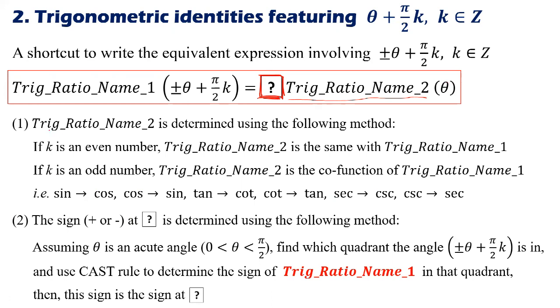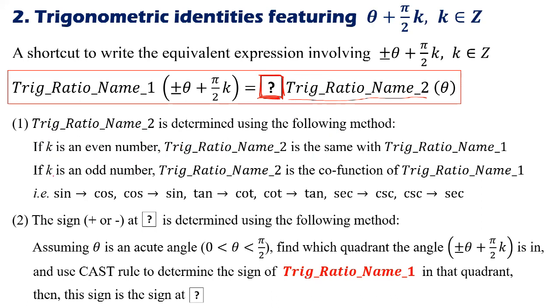So there are two things we need to determine. First, the name of the trigonometric ratio 2. Second, the sign in front of the new trigonometric ratio. So first, let's have a look at how we determine the trigonometric ratio 2 here. If k is an even number, trigonometric ratio 2 is the same as trigonometric ratio 1.